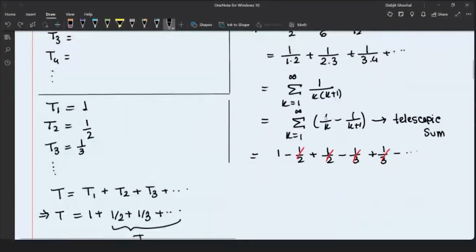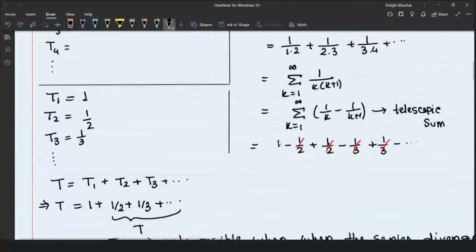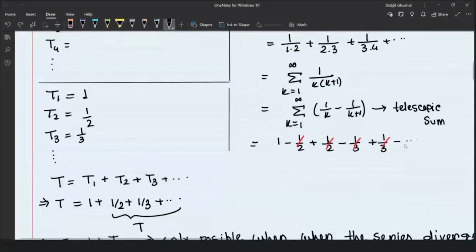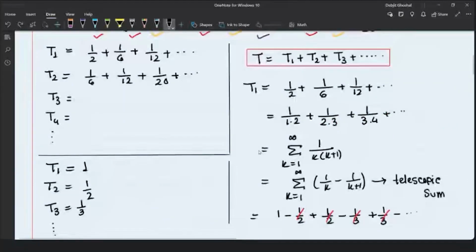By partial fraction decomposition, I can write it as 1 by k minus 1 by k plus 1. Now, if you observe, this is nothing but a telescoping sum. If I write this series, it is 1 minus half plus half minus 1 by 3, plus 1 by 3 minus 1 by 4, and all the terms cancel. 1 remains. So this series converges, and T1 is nothing but 1.